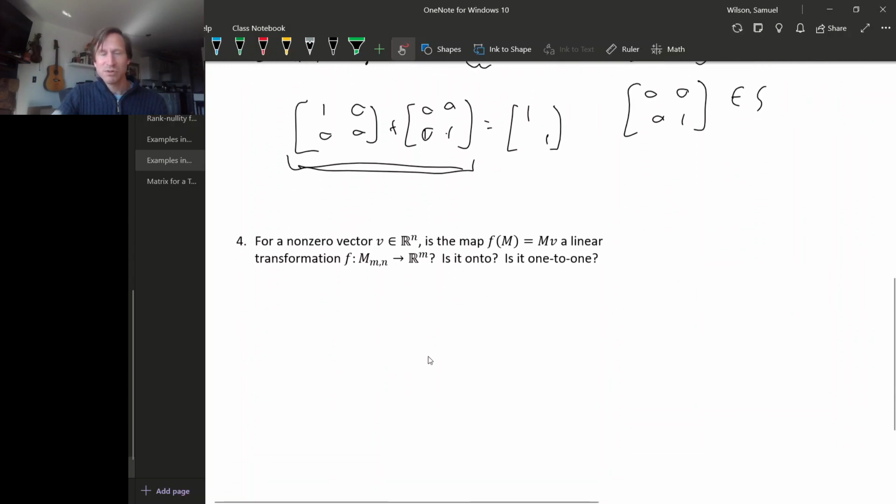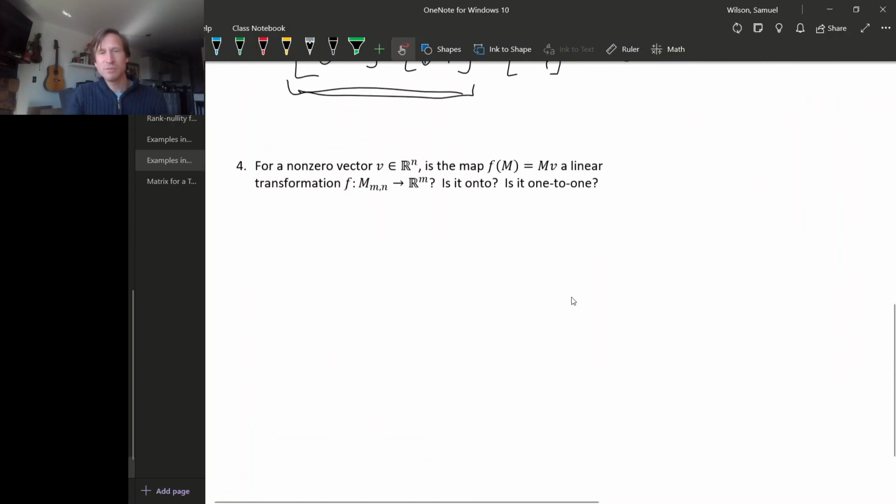For our last example, let's have a look at this. Suppose we have a non-zero vector v in R^n. Then we can define a map from the m by n matrices to R^m by this. For any matrix M, the output of this function is just that matrix multiplied on the right by v.